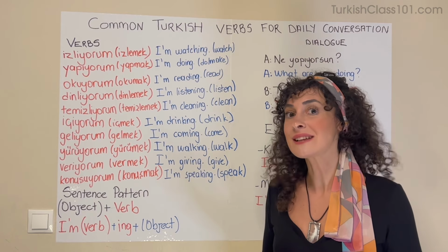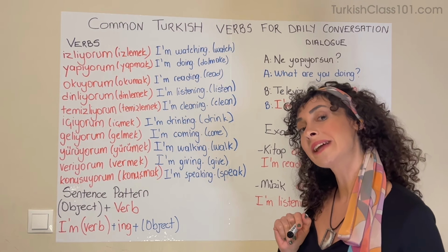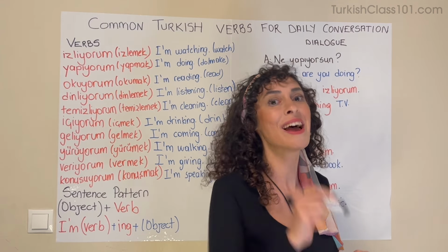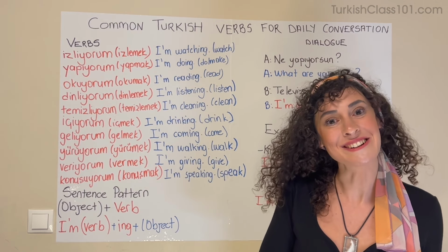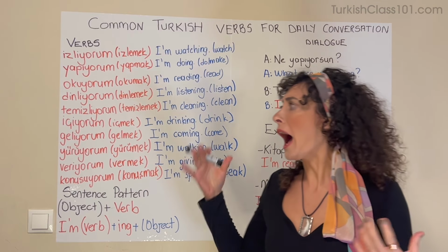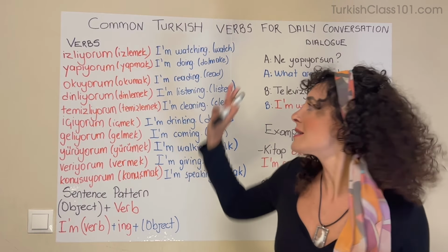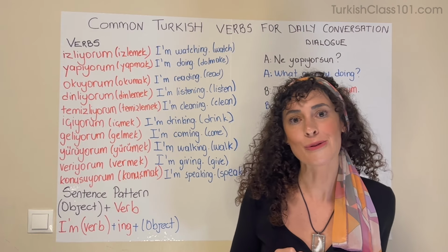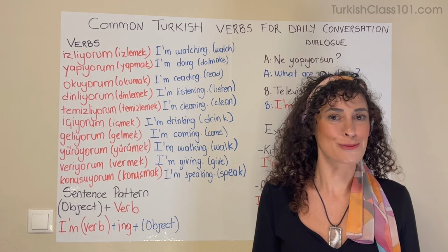And that's okay. That's very Turkish. So don't get offended, and you can answer as much as you want. And when you are answering, you can use our verbs here. You can say, I'm drinking this, I'm doing that, I'm cleaning the house. We have all the verbs here for you. Not all the verbs, but a lot of verbs.